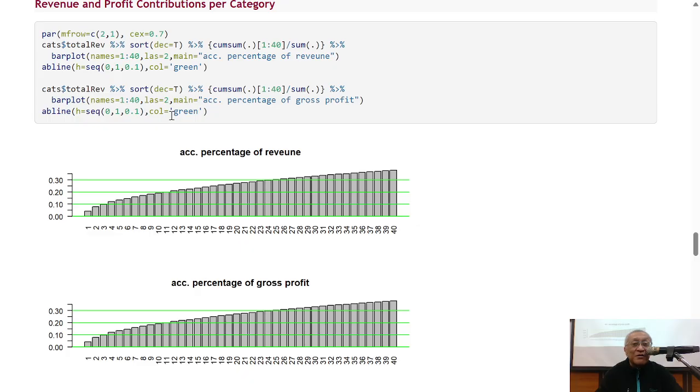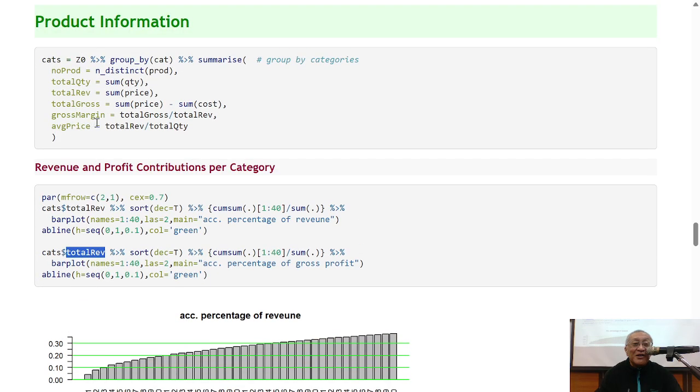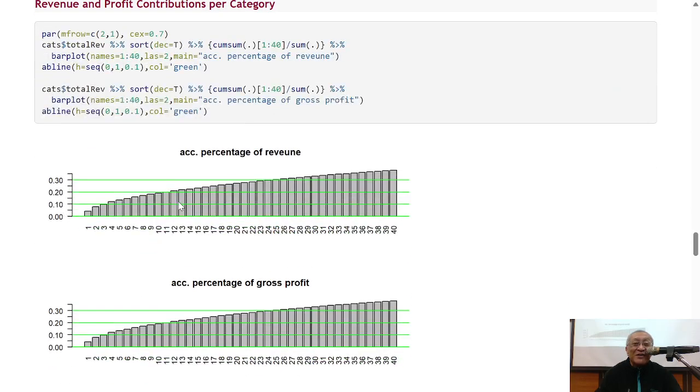Seems to have a mistake here. So this should not be total revenue, right? This should be the total gross profit, right? Because here we are talking about gross profit, right?